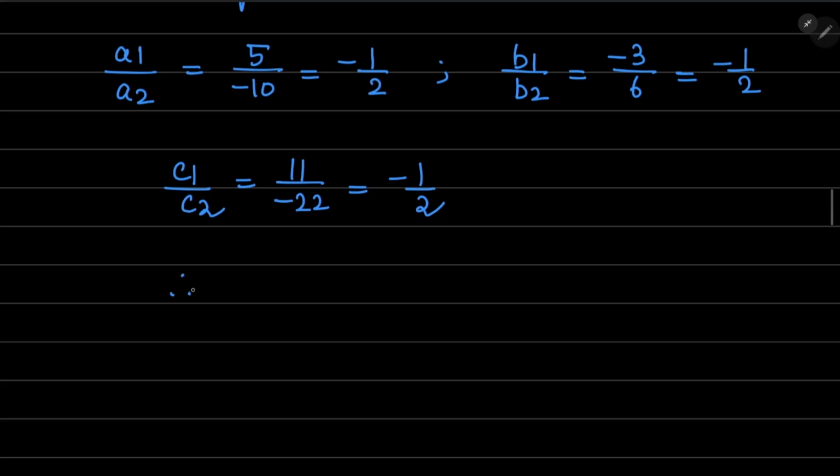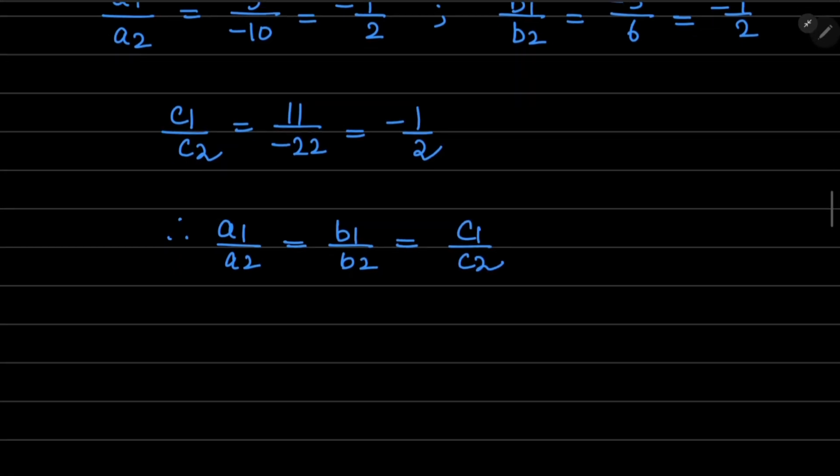So what do you observe? Therefore, here you have A1 by A2 is equal to B1 by B2, and that is equal to C1 by C2. So here the lines will coincide over each other, or they'll be coincident. And how many solutions will it have?